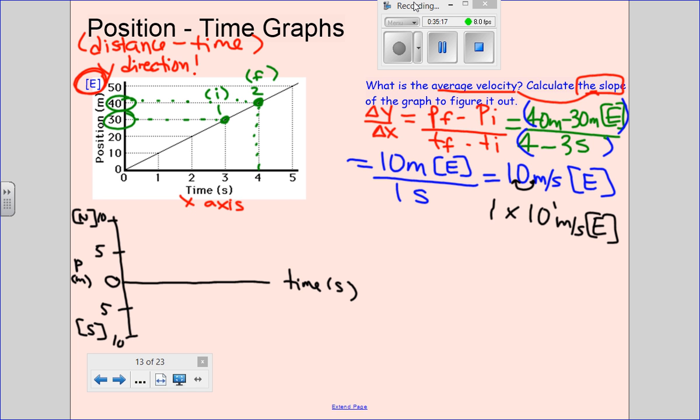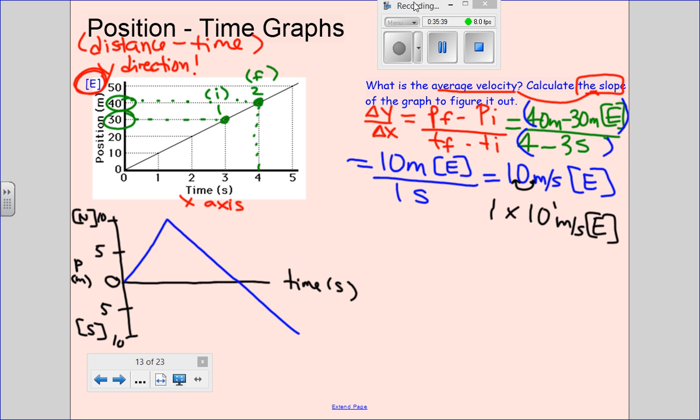But what I'll notice is that my graph could have more than one line on it. So my graph could, for example, look like this. It could go up, it could go down, it could even cross over the 0 line.